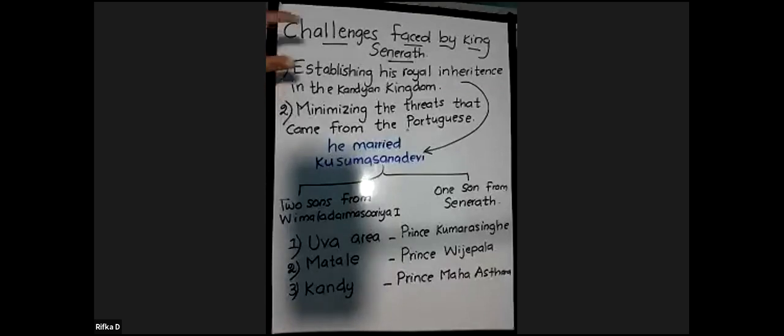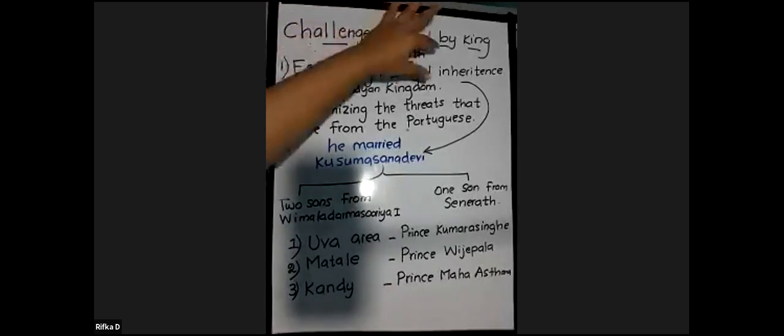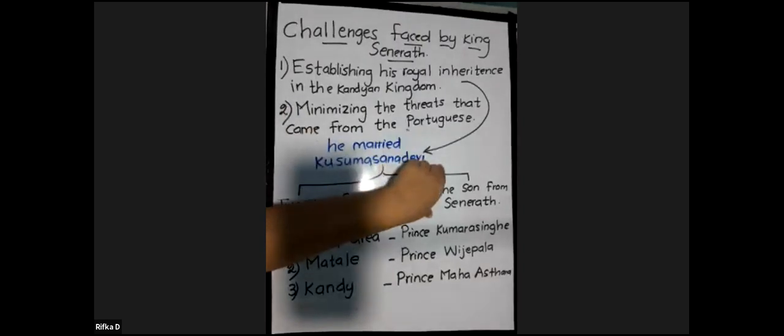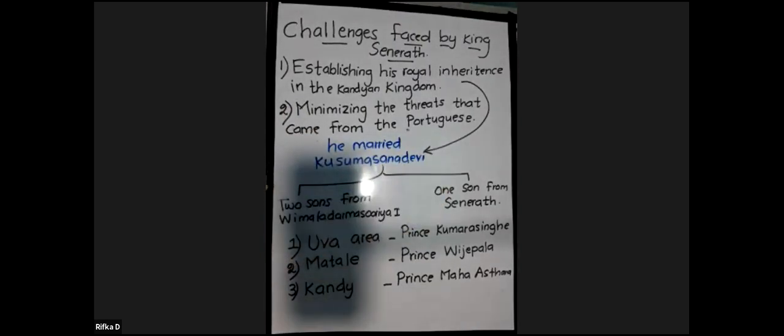In order to establish his royal inheritance, he married Kusumasana Devi. After he married, my dear children, Kusumasana Devi had two sons from Vimala Dharma Surya I and one son from Senarath.